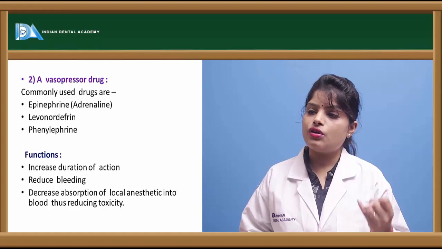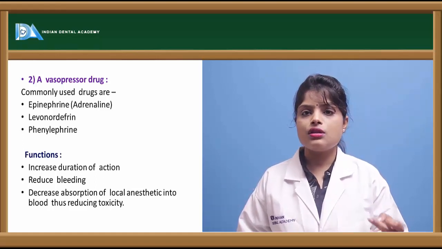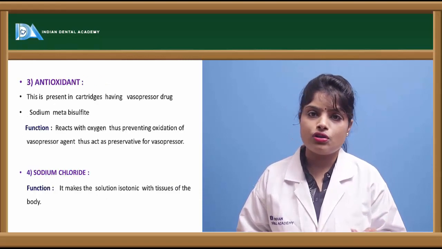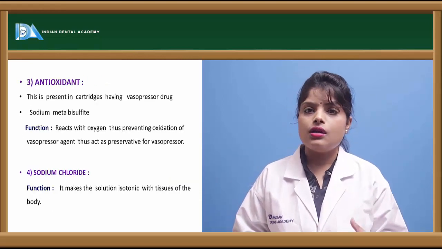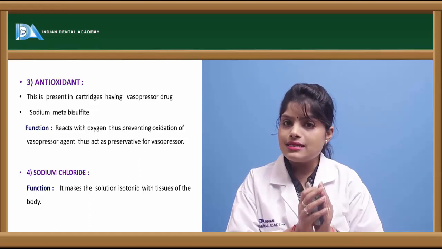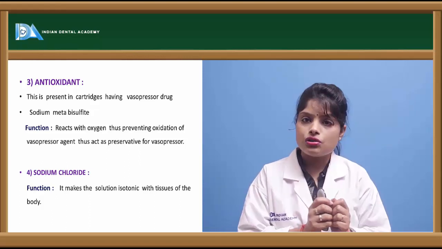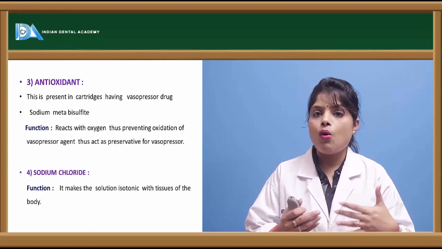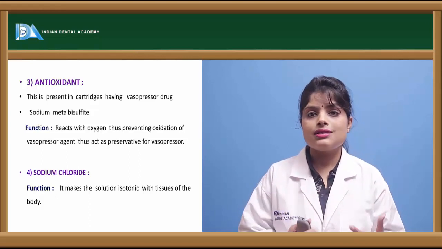So first of all, it reduces the blood loss, it decreases the absorption and it increases the duration of action of that local anesthetic. Then comes the antioxidant. The main function of the antioxidant is to maintain the vasoconstrictor drug in the local anesthetic solution, because there is a greater probability of a vasoconstrictor drug getting oxidized.